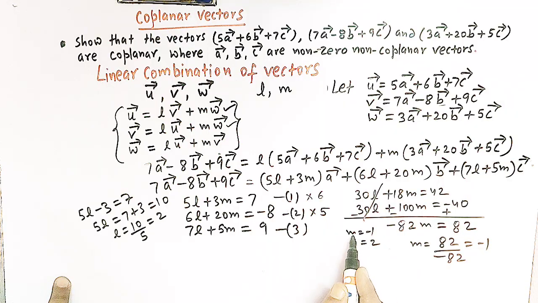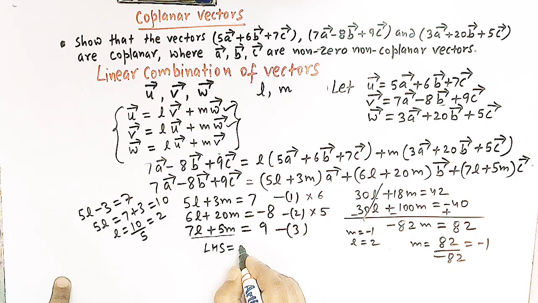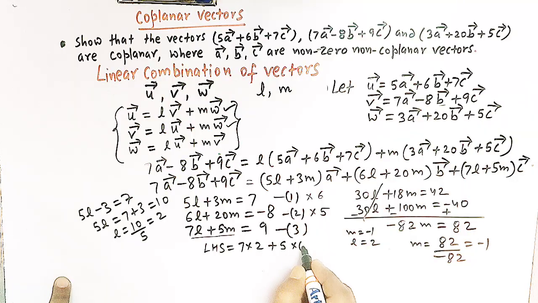Now substituting L and M in equation 3. So here this side, that is the left hand side, is 7 times 2, and here we have 5 times minus 1. So this is 14, and here we have minus 5, that is equal to 9, right?